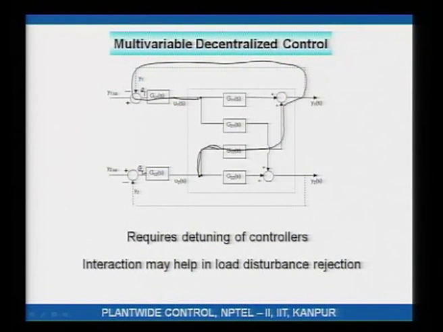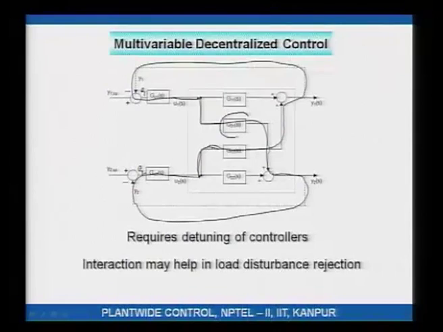Whatever I do to U1 affects Y2, and because Y2 has now been disturbed by U1, my second controller adjusts U2 to bring Y2 back, and this adjustment in U2 causes further adjustment in U1, and so on and so forth.